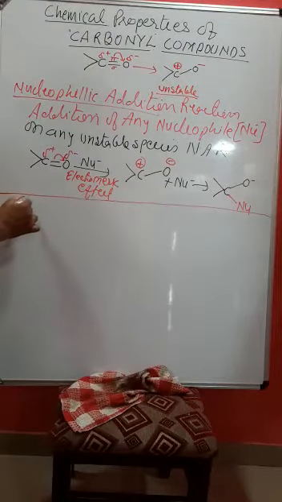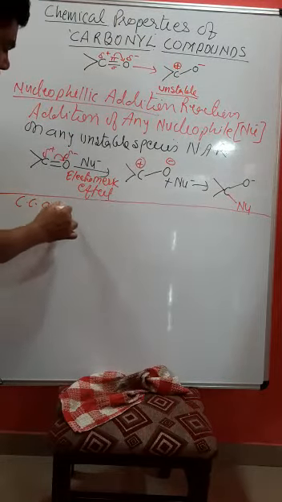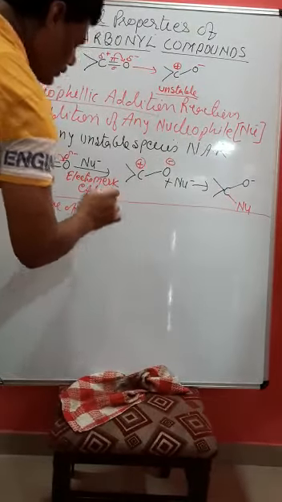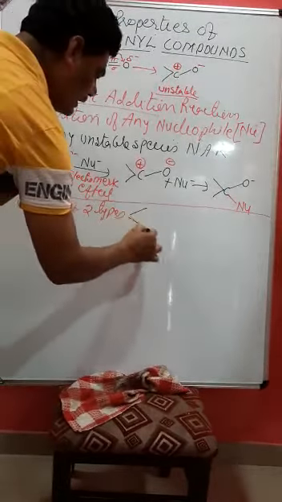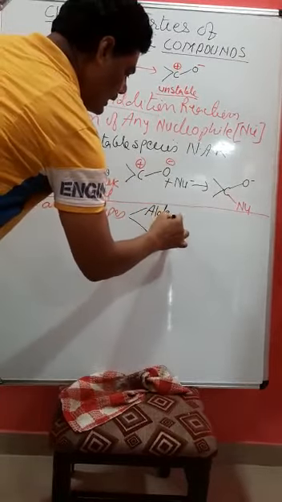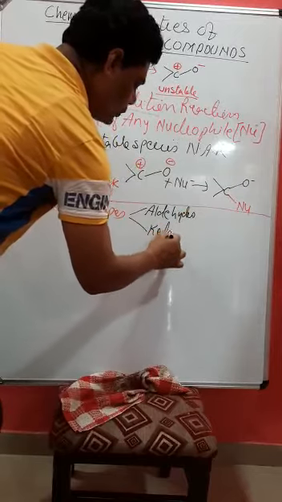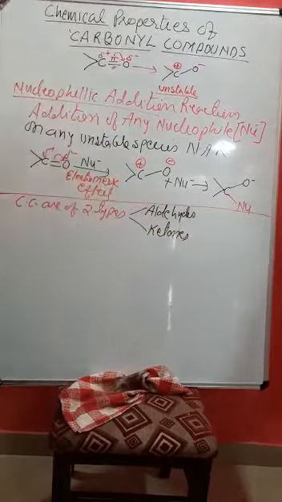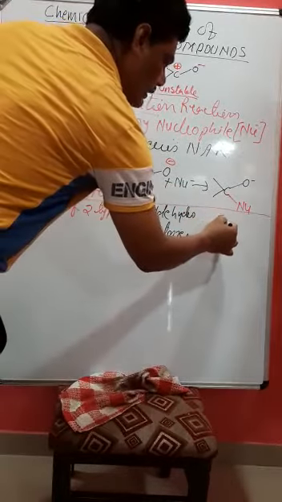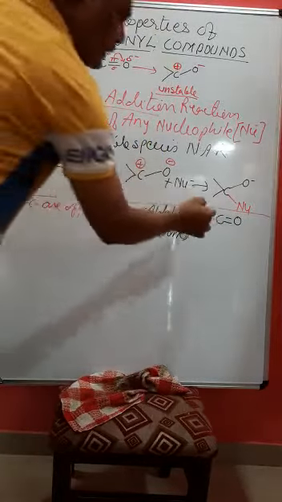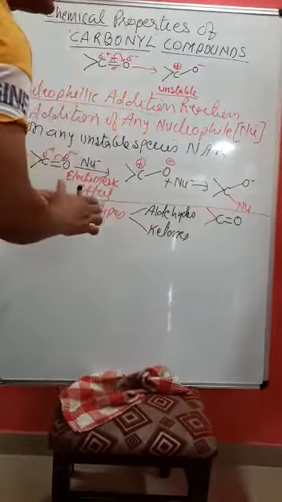Now carbonyl compounds are of two types. Which two types are there? One is aldehydes, and one is ketones. Aldehydes and ketones both consist of the same thing, C double bond O, but in aldehydes one difference is there.